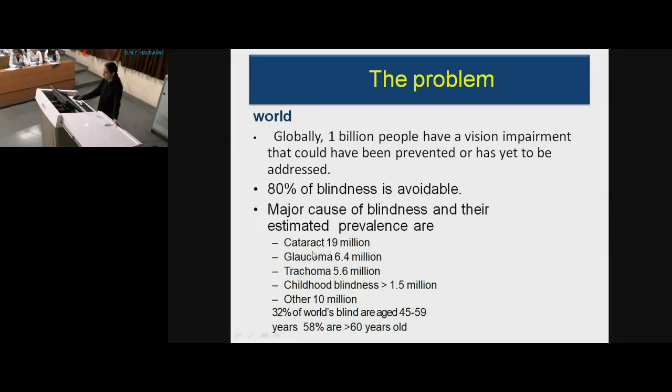Because of cataract, 19 million are blind. Glaucoma 6.4 million, trachoma 5.6 million, childhood blindness more than 1.5 million, and other rare causes also form 10 million. 32% of the world's blind are 45 to 59 years old, and 58% belong to the elderly age group, more than 60 years.